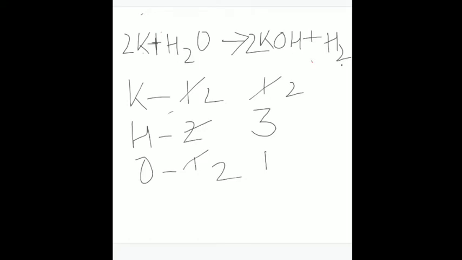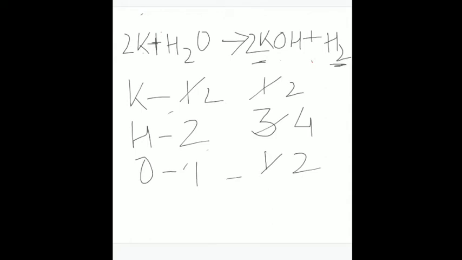Oxygen remains the same on this side, that is 1, and hydrogen also remains the same on this side, 2. Is that clear? But here it changes, that is now 2 oxygen, 1 here it becomes 2, and hydrogen becomes 2 over here and 2 over here, that means they become 4.